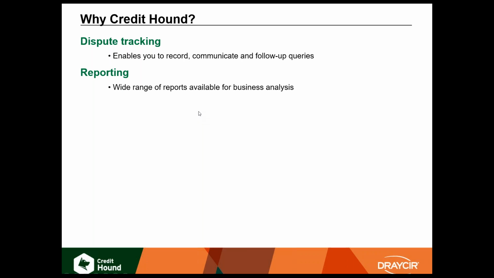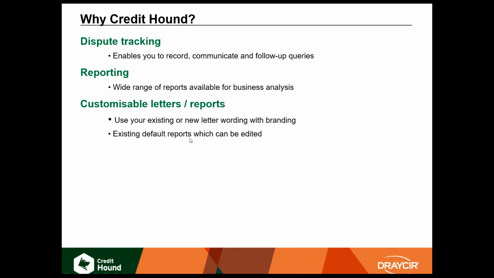So there are a lot of reports that come out of the box that I'll show you today, from aged debtors report to notes to dispute management to cash flow and promised payments. All the letters and emails are completely customizable for you. All the emails can actually be scheduled.